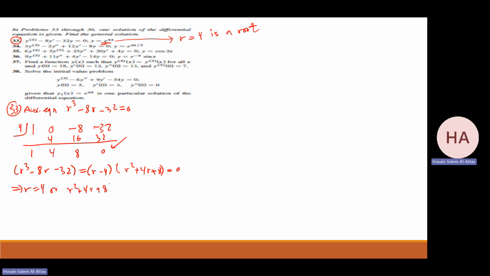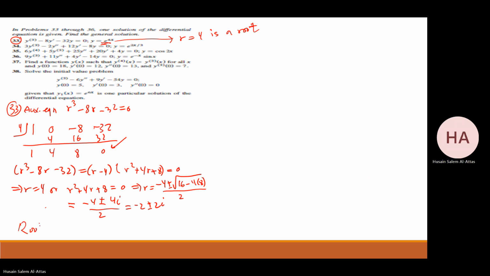To solve this, I think I need the quadratic formula: minus 4 plus or minus the square root of b squared, 16 minus 4 times 8, over 2. That equals minus 4 plus or minus the square root of 16 minus 32, which is minus 16, so 4i, over 2. That will be minus 2 plus or minus 2i. So what are the roots? 4, minus 2 plus or minus 2i.